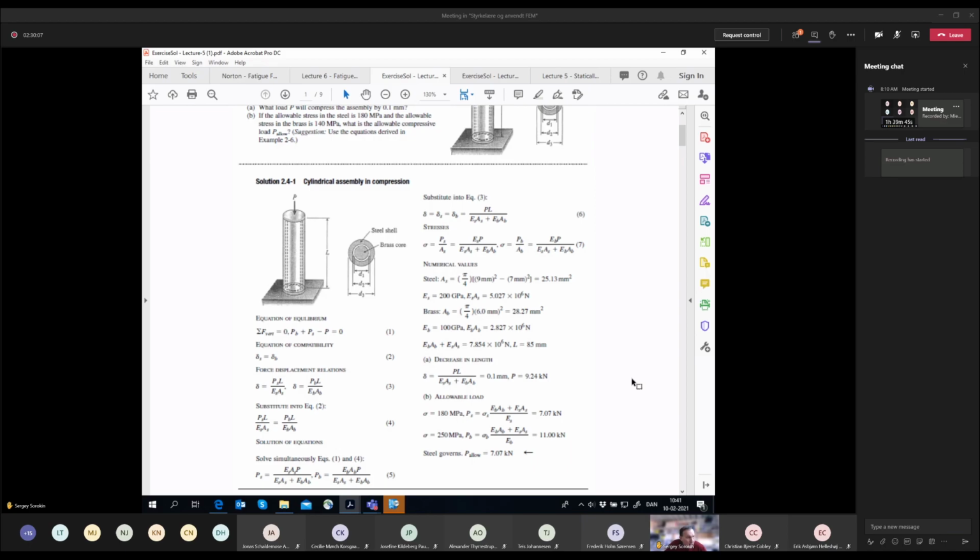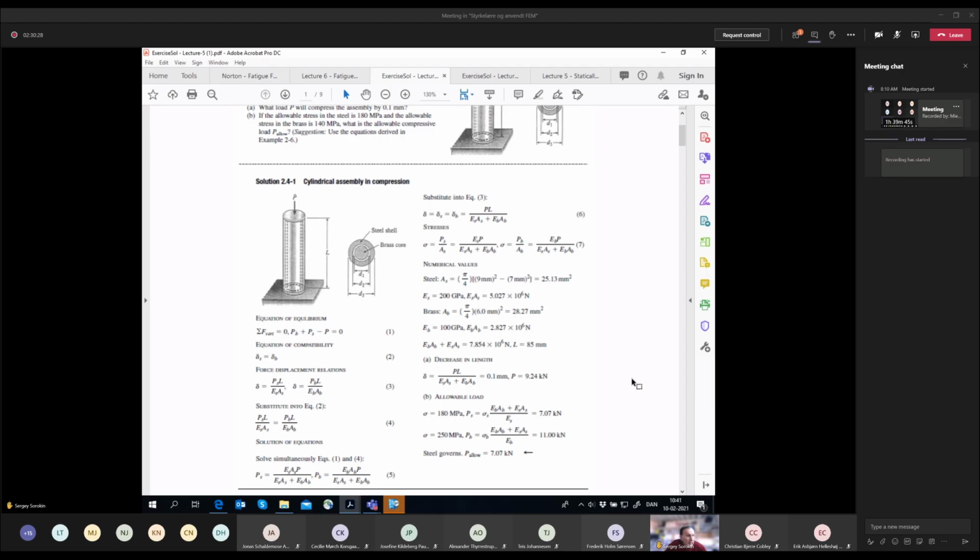They are different. So then we say we are provided with the allowable stresses. We know that for steel, the allowable stress is 180. And we are provided with Young's moduli and areas. So this is what we know.